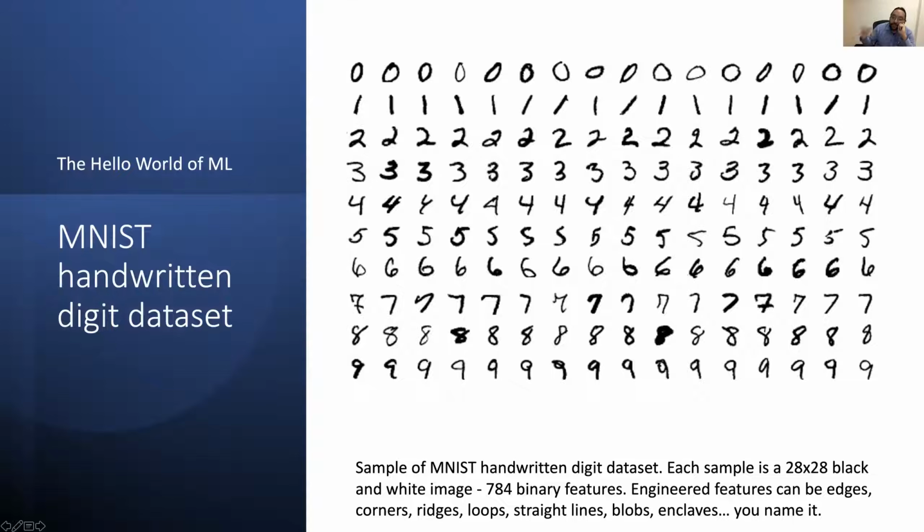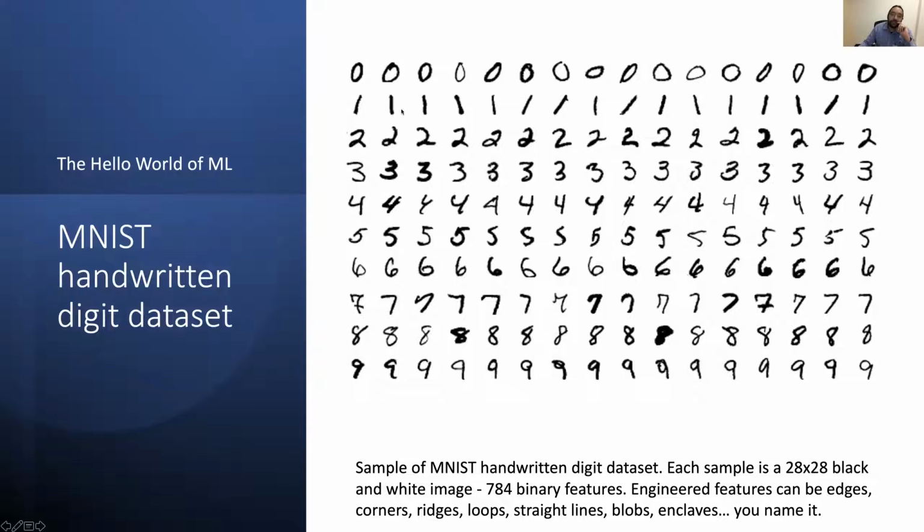I'm mentioning this because we're going to use it in a lot of the examples coming up. The image is just 28 by 28, and you could think of each pixel as a feature, of which there'll be 784 features, and they're either on or off. And we of course have the labels.